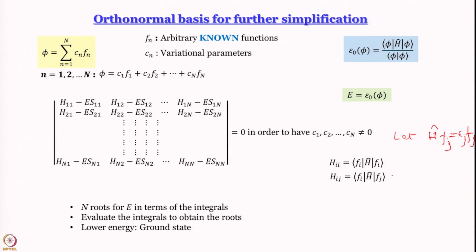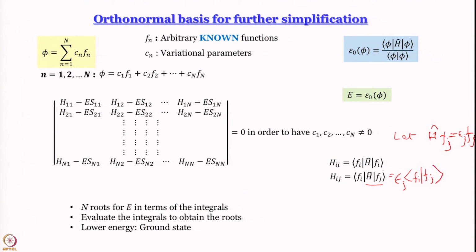So, what will Hij be? This will be the integral of fi star, and I know what H fj is, it is epsilon j fj, and epsilon j is a constant. So, it can come out, fj remains inside the integral, and this is what I get.